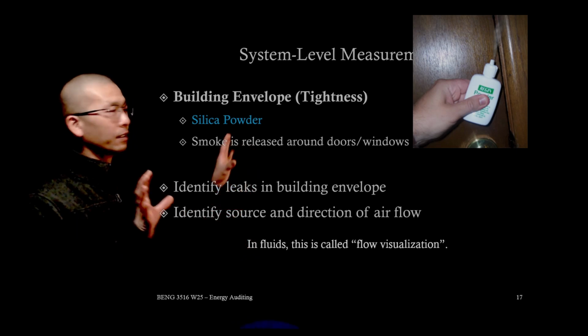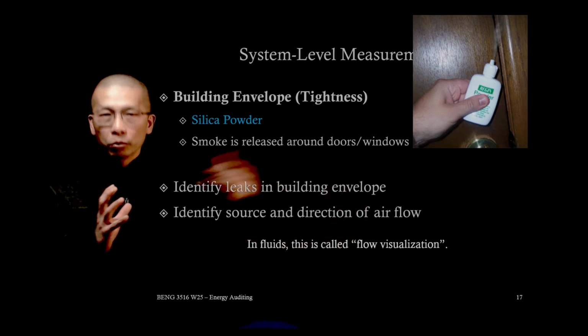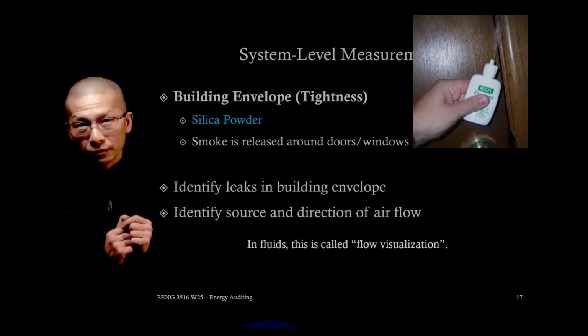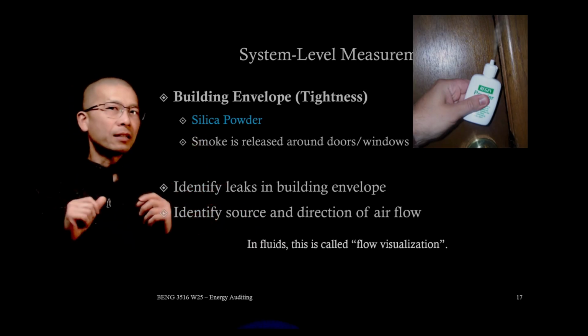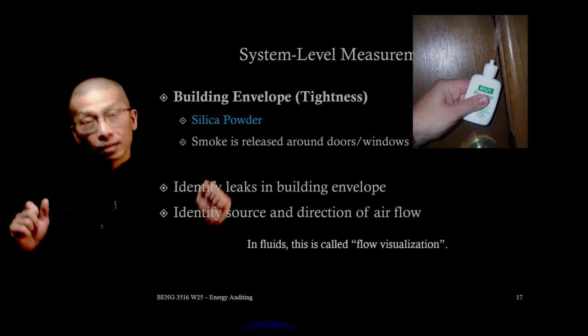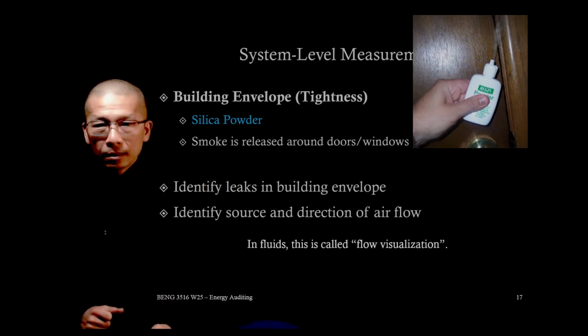If the house is very leaky, then it's easy to blow the air out and you have less delta P, less pressure difference. So from the readings, you know how leaky the house is, or how tightly sealed. Okay, next.